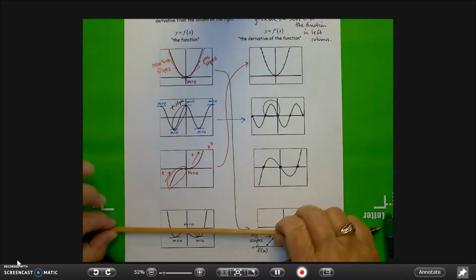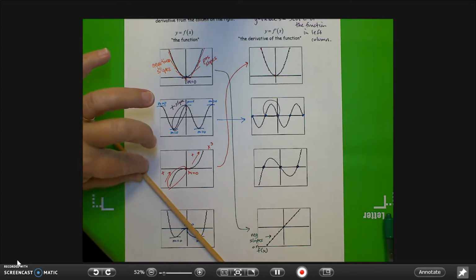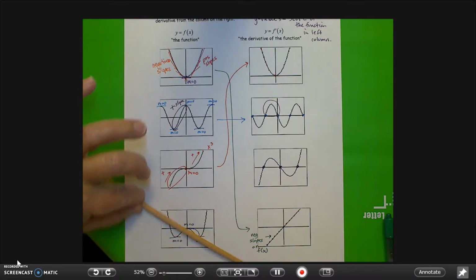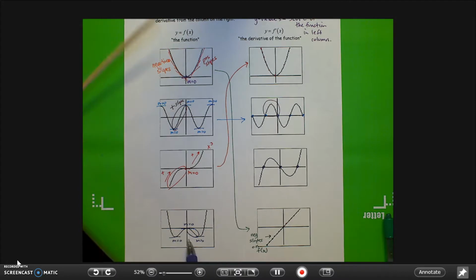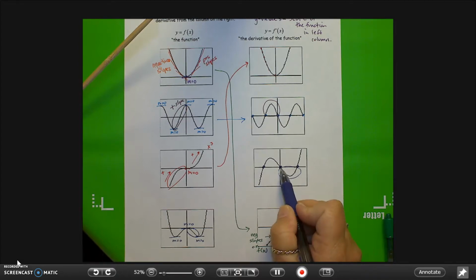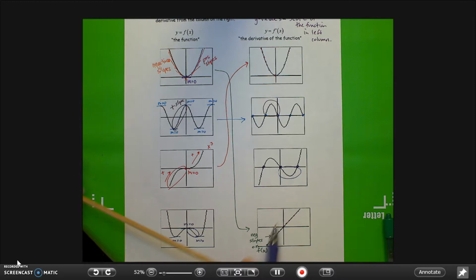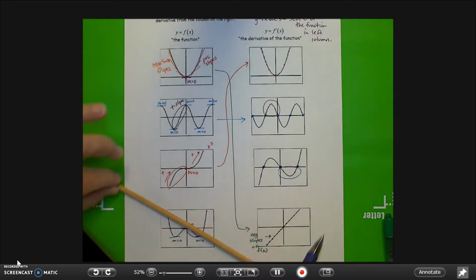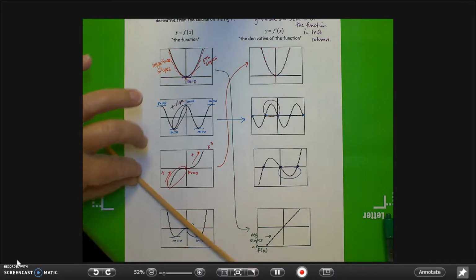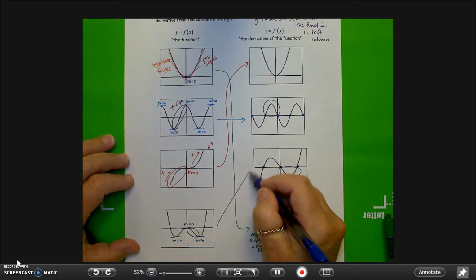I expect these slopes to start at 0, go negative, get far negative, and then start coming back towards 0 in that span of x values. Here's that span of x values right here. I start at 0, I become more and more negative, and then come back towards 0 with the slopes. So that matches right here.